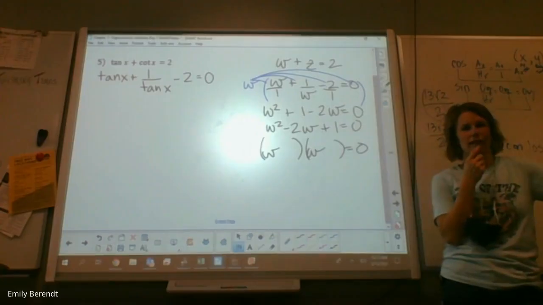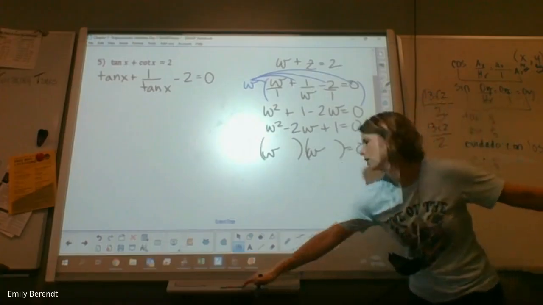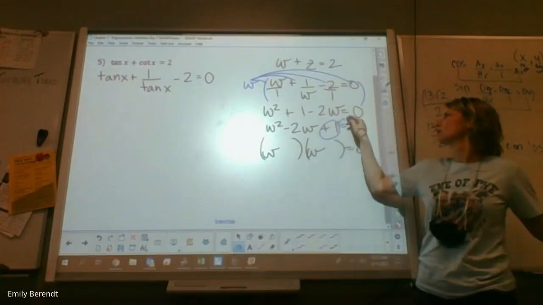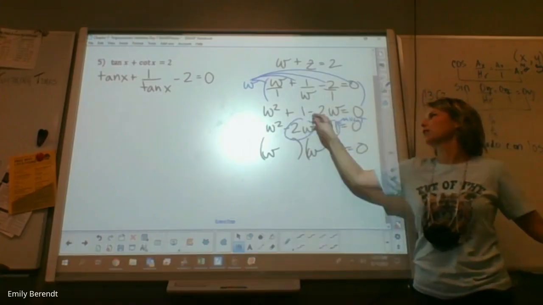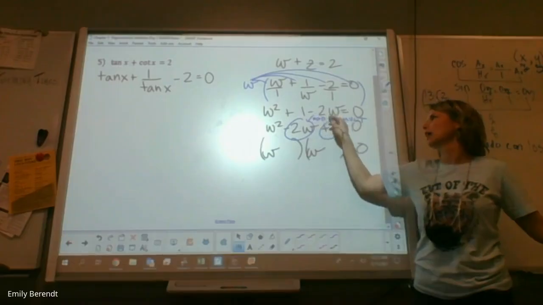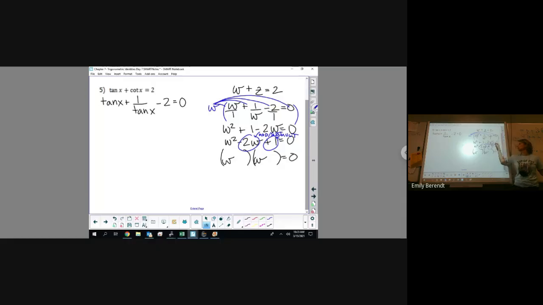Two numbers that multiply to 1 but add to negative 2. Sorry, I said negative 1. What's going to work? Negative 1 and negative 1. Hey, we did it algebraically. Now we have to do it trigonometrically.